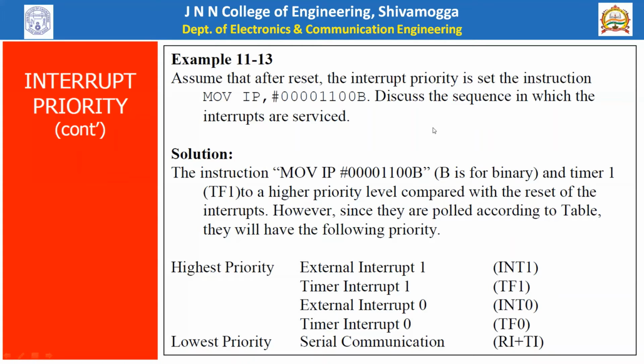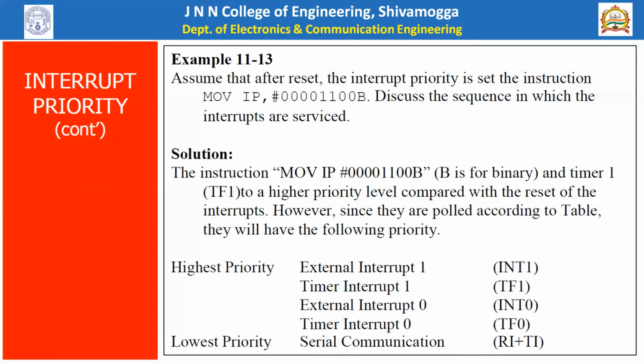As per the original table. That is very important. In the original table, interrupt 1 has higher priority over timer interrupt 1. So that is why first interrupt 1, then timer interrupt 1, then interrupt 0, then timer interrupt 0, then serial communication. This would be the order.